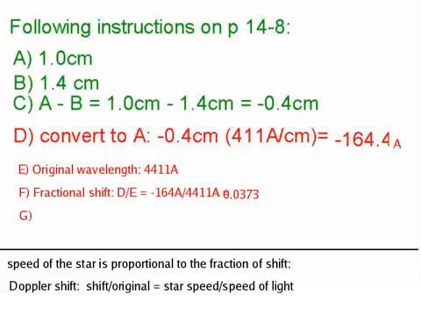So you can solve this for the speed of the star: you multiply the speed of light to both sides.